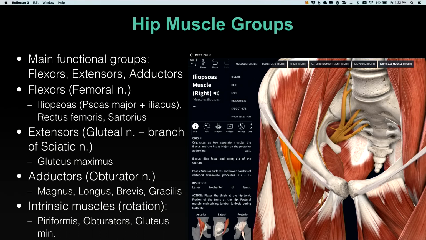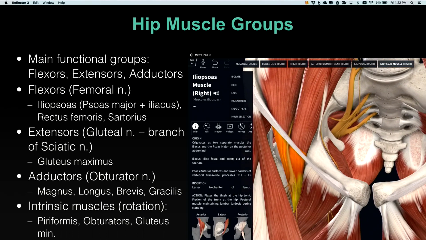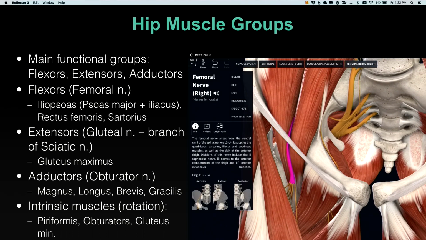Now these hip flexors and a lot of the muscles in the anterior compartment all share the same innervation. All share the femoral nerve as their innervation. And the femoral nerve is the nerve that splits this muscle in two, one of the major nerves coming off the lumbar plexus, delivering innervation to the muscles of the thigh, and you can see that it splits shortly after it passes through iliopsoas.